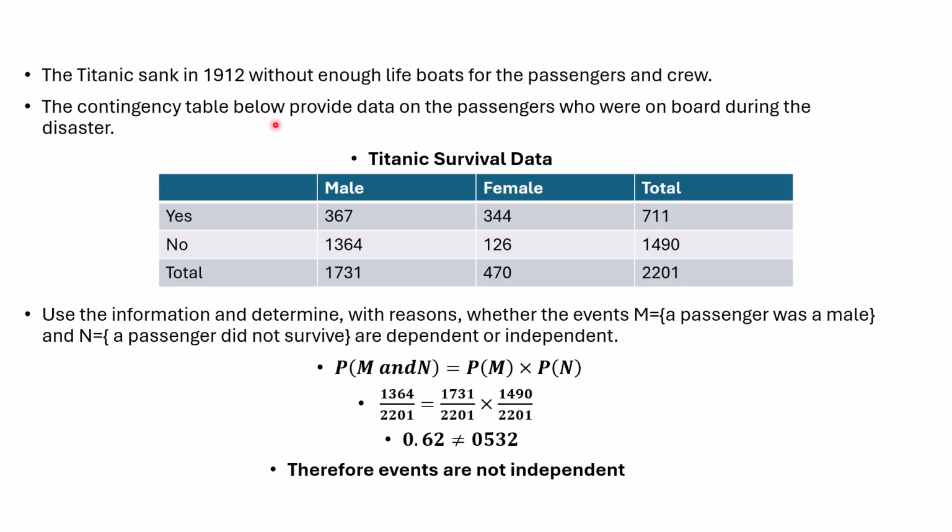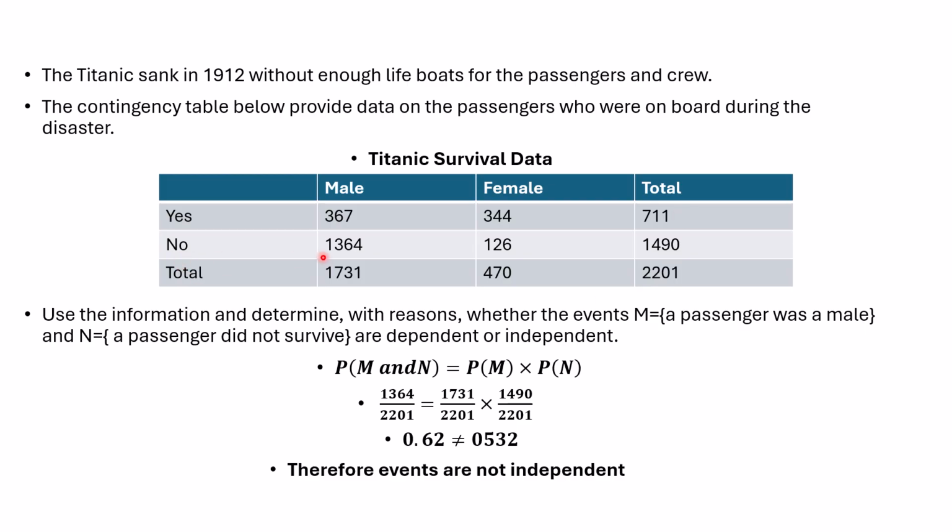The contingency table below provides data on the passengers who were on board during the disaster. So the survival data, we have males 1731, we had 470 females. In total there were 2,201 passengers, right? Those that survived, yes: 367 males, 344 females, total 711 survived.